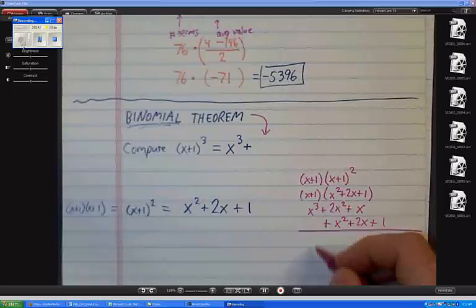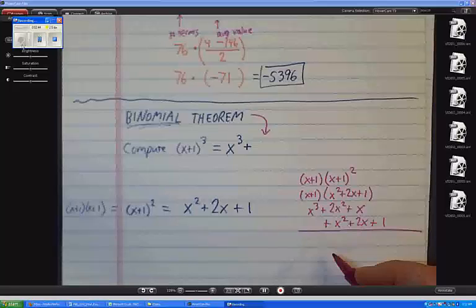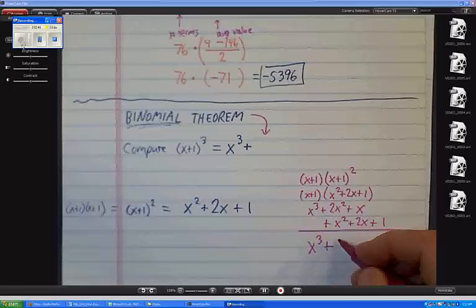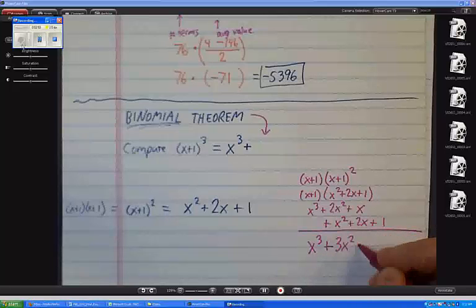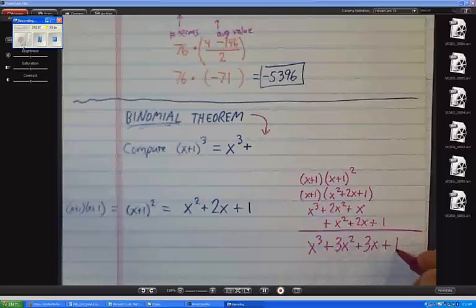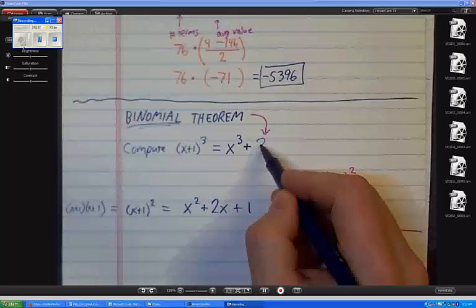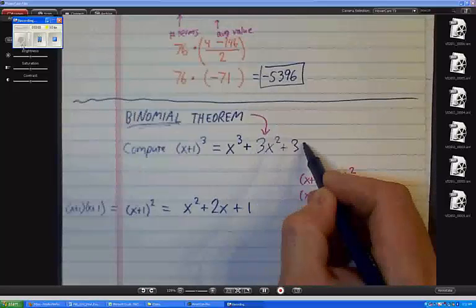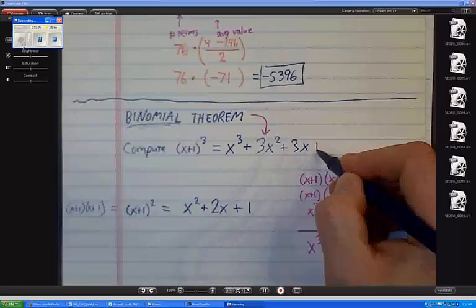And so the final answer here is x cubed plus, what would come next? 3x squared plus 3x plus 1. Okay? And that's one I actually have memorized. But I didn't know if you would. Okay?